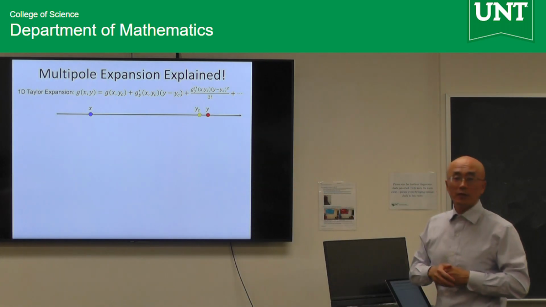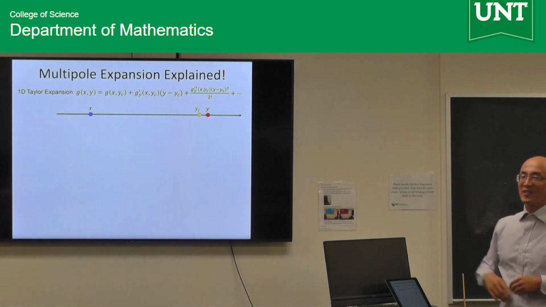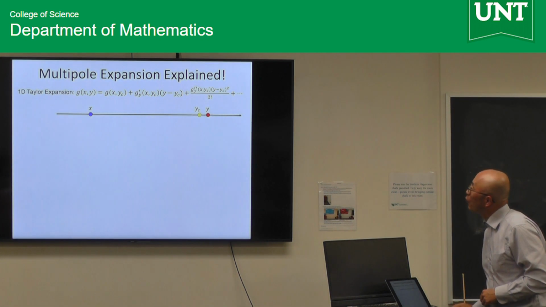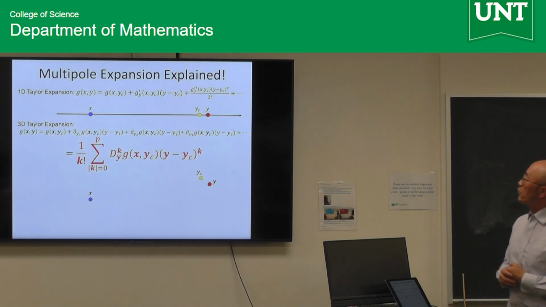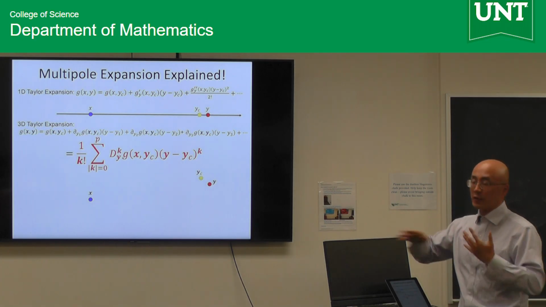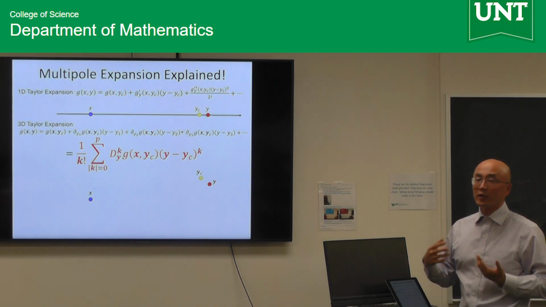I expect some undergraduates here can explain this slide. Now this is one dimension. In three dimensions, things become more complicated, but the idea is the same, you just need to be more comfortable with the three-dimensional Taylor expansion.